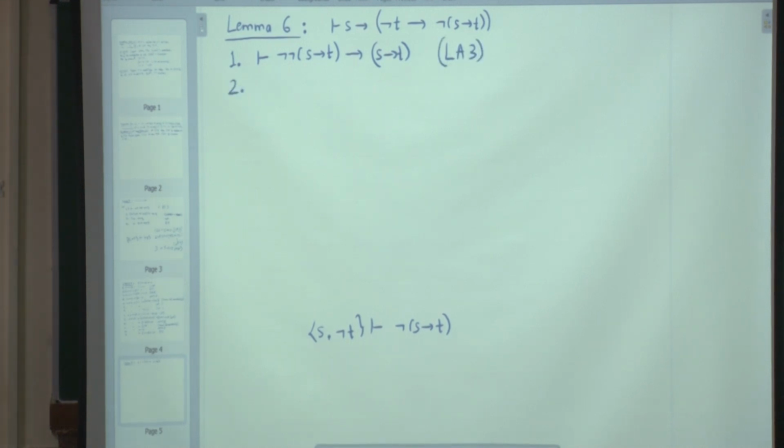Okay, what is the second step? dt. I am using dt twice. Okay, third step.